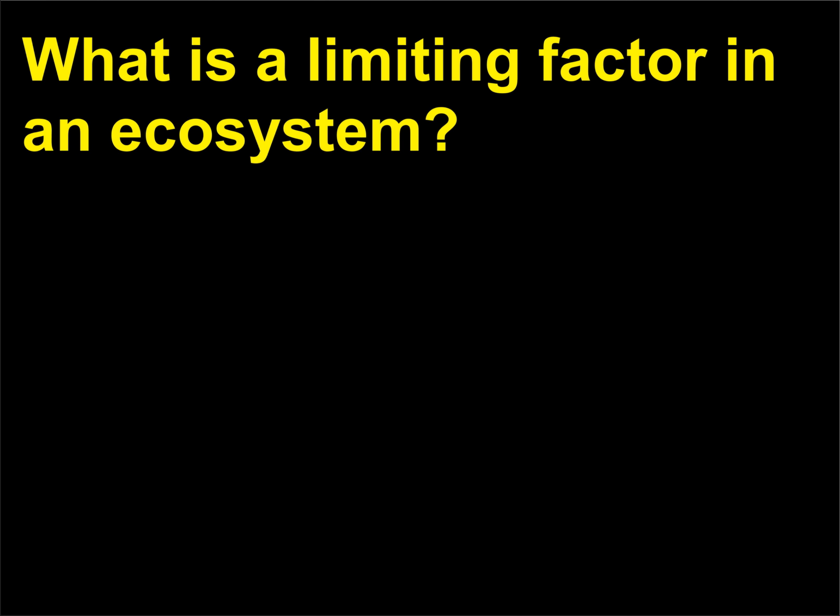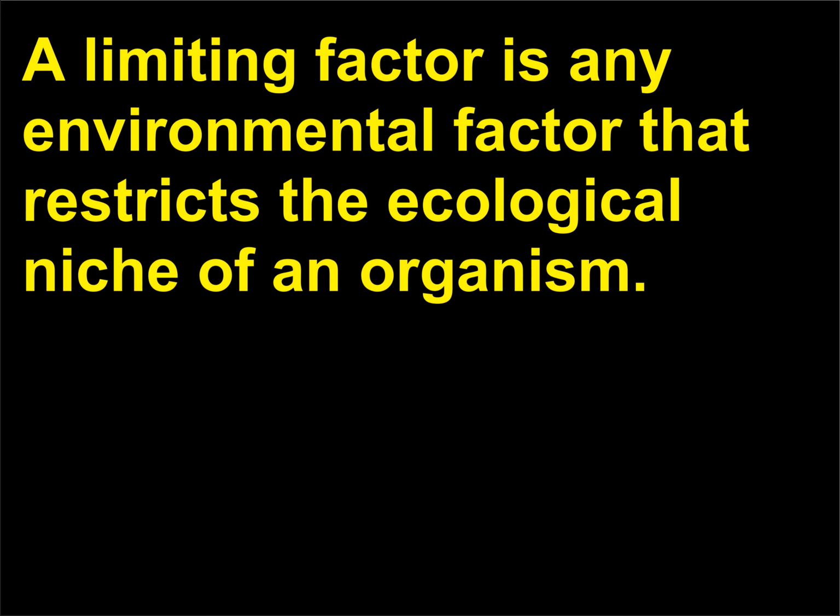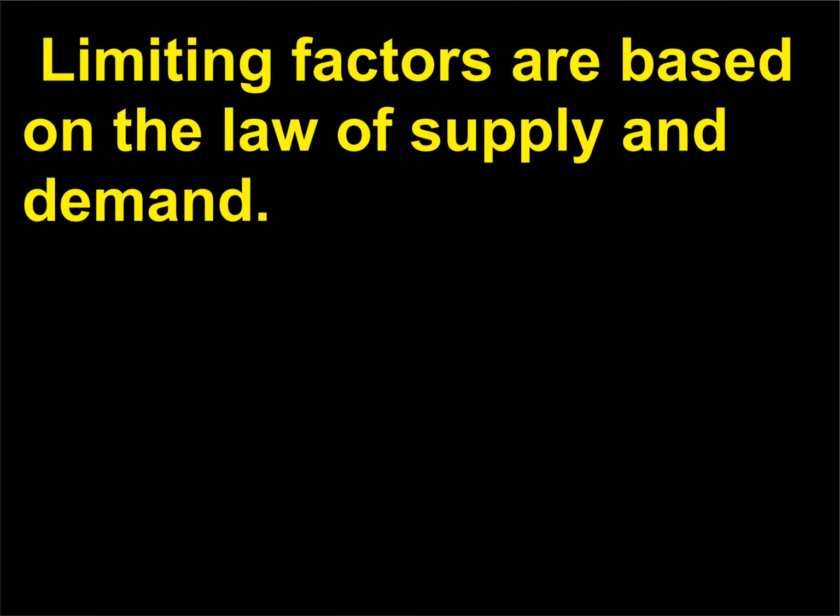What is a limiting factor in an ecosystem? A limiting factor is any environmental factor that restricts the ecological niche of an organism. Limiting factors are based on the law of supply and demand.